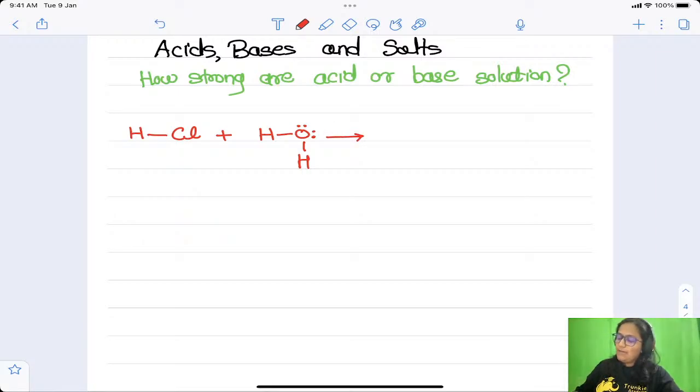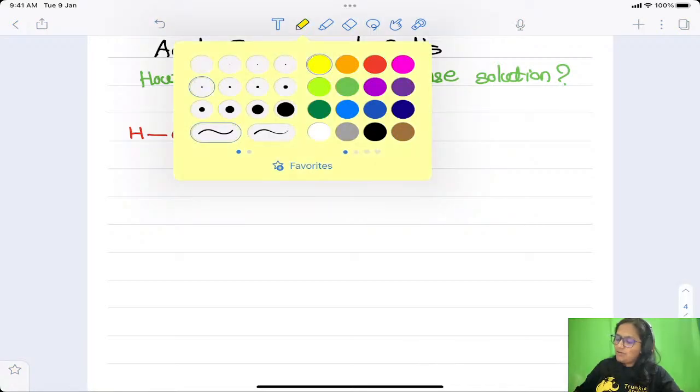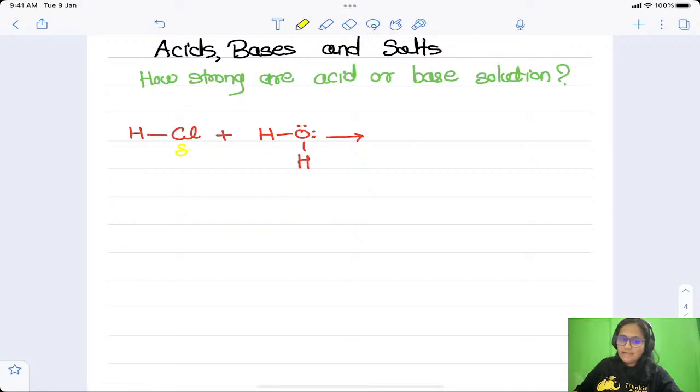Now what happens here? We know very well this bond is a polar bond. This is delta minus, this is delta plus. Therefore the bond gets shifted towards chlorine, and this hydrogen becomes electron deficient because it has lost its bond.